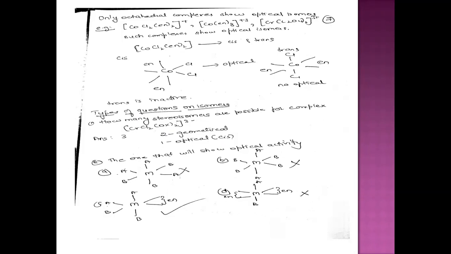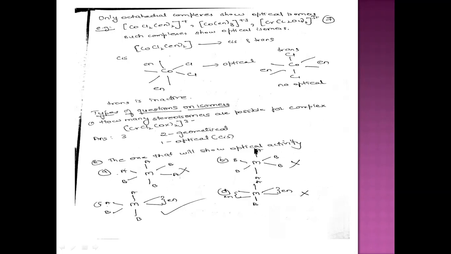Second question. They have given you 4 molecules and ask which one will show optical activity. It is an octahedral complex type. When you are checking optical activity, you will see the symmetry. First, see this complex. Does it have symmetry? Yes.